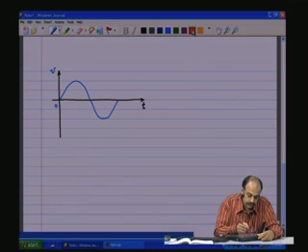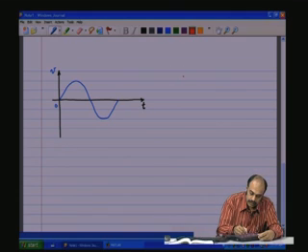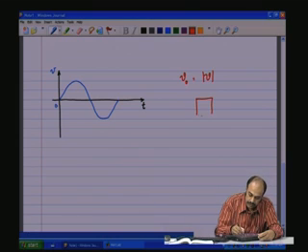I could have, let us say, this waveform passed through a full wave rectifier, which means you get an output V out, which is equal to the absolute value of V. A full wave rectifier has a characteristic something like that.